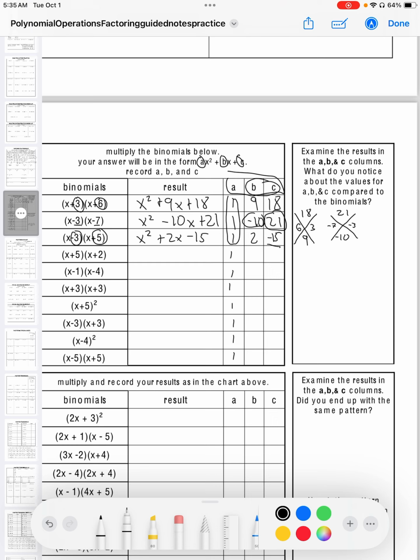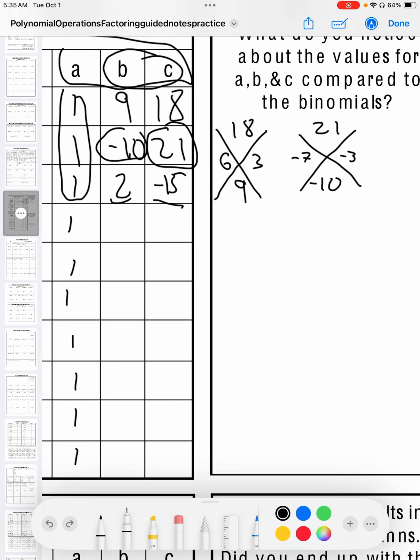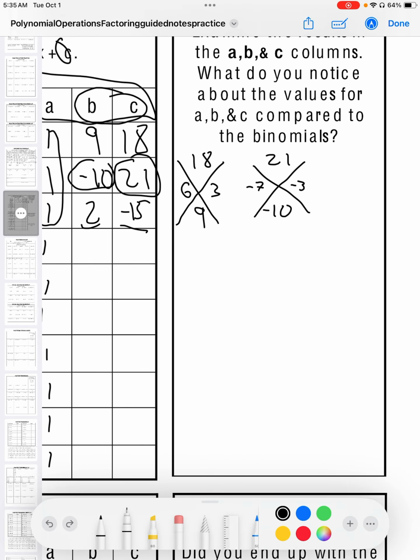And negative 3 plus 5 would give me a positive 2. So once again, we have the scenario where negative 15 and 2. Negative 15 is the product of negative 3 and 5. Negative 3 plus 5, you get 2.